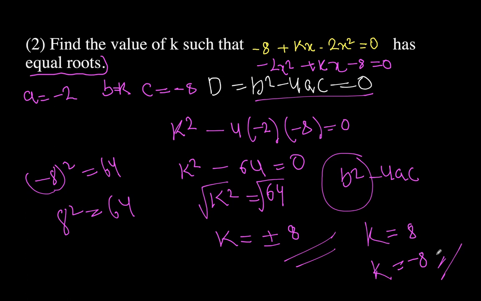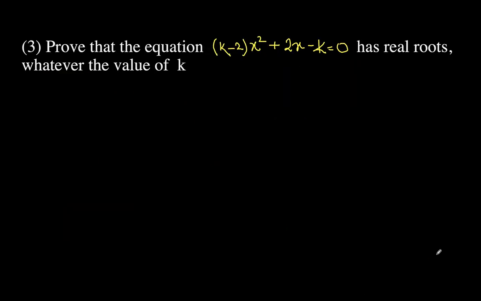Now I am moving to the last question of this session. Prove that the equation (k minus 2) x square plus 2x minus k equal to 0 has real roots, whatever the value of k. Now here you have to see that they are not talking about equal, they are just talking about real roots. So I can write, for real roots my D has to be greater than 0.